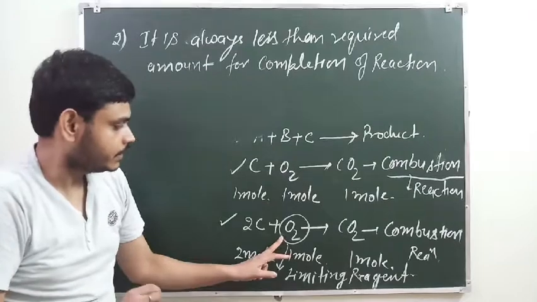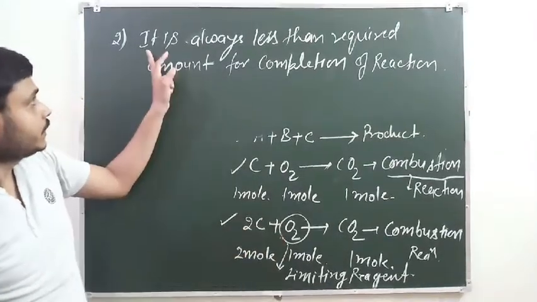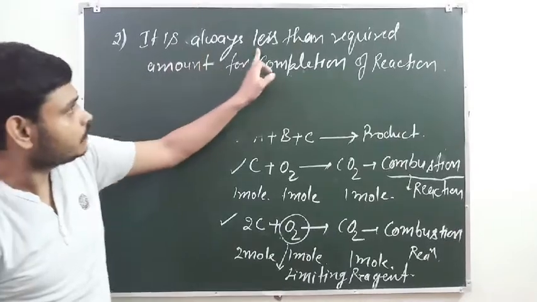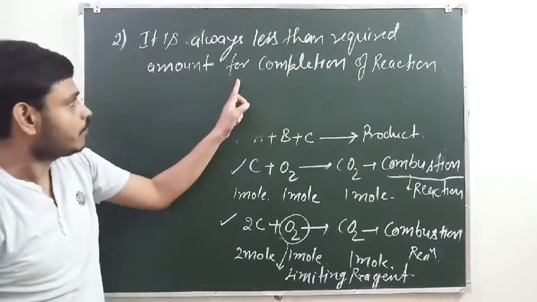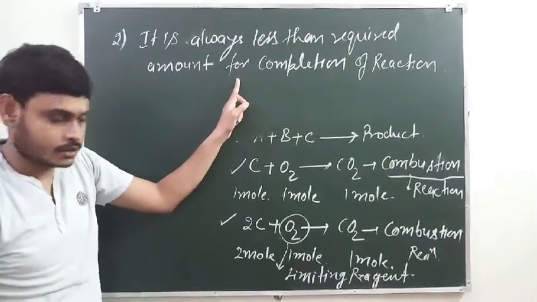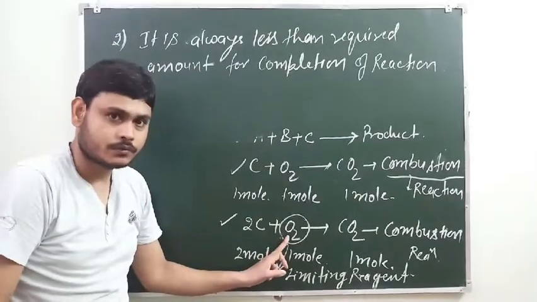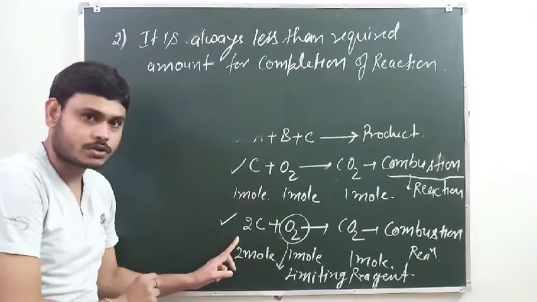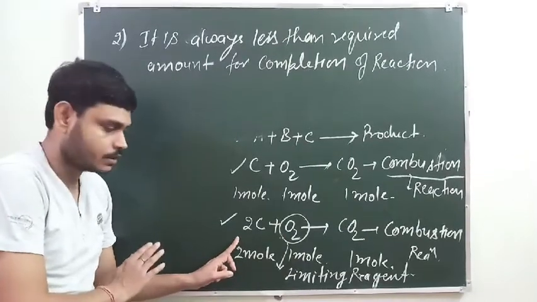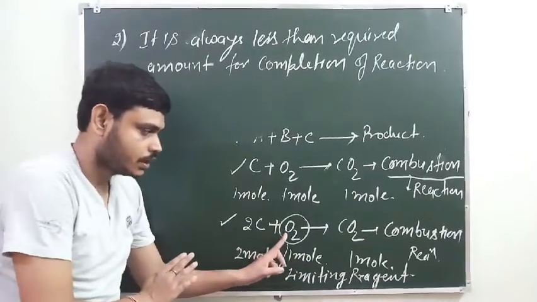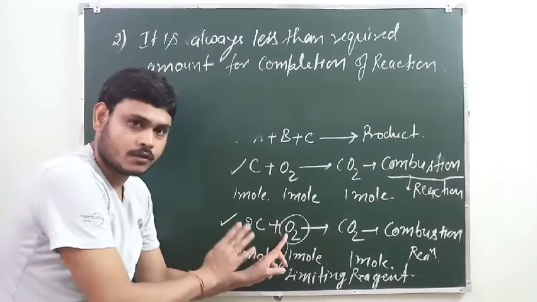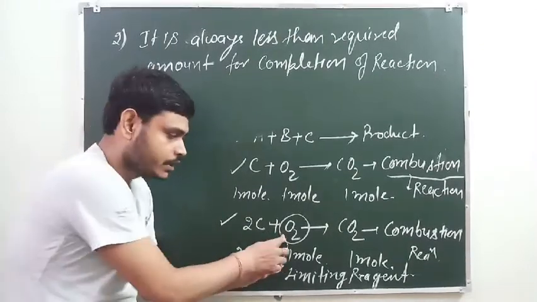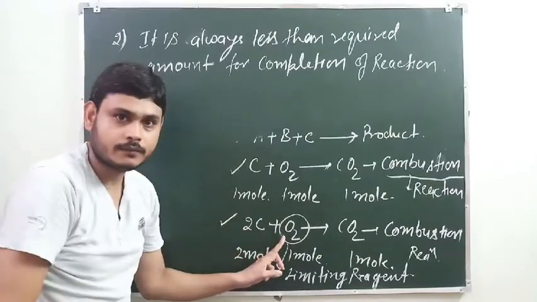It is proved that limiting reagent is always less than the required amount. Clear? The required amount is 2 moles of oxygen for the complete combustion of 2 moles of carbon, but the number of moles of oxygen is 1 mole, so 1 more mole of oxygen is required. Clear?